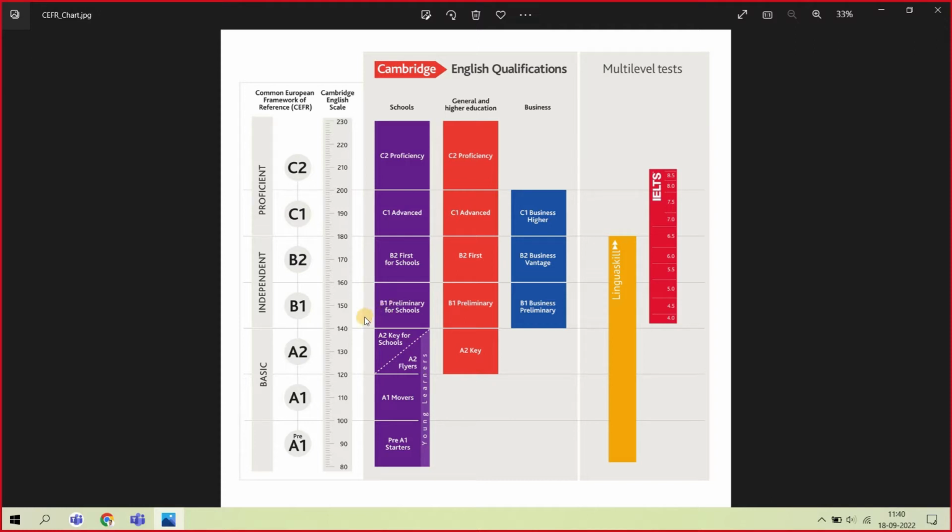That means you are close to near-native level speakers. You're able to manage any kind of communication, no matter whether it's in a group or in a crowd or in an auditorium. You are comfortable enough to speak to anybody at any time, with as much clarity as possible. So that is C2 level, and it's very difficult to go to the C2 level.